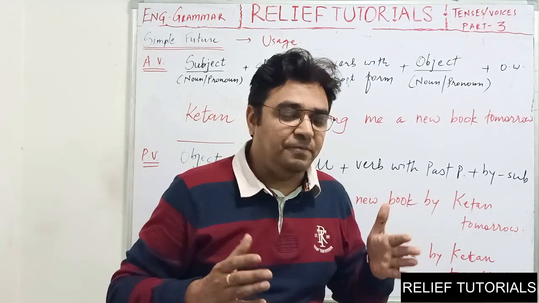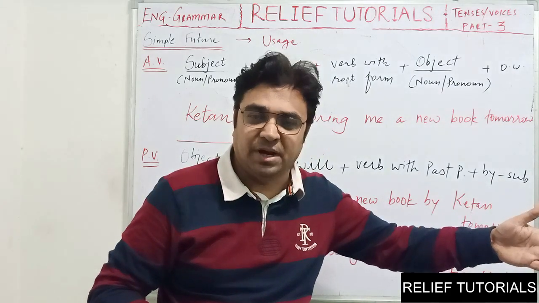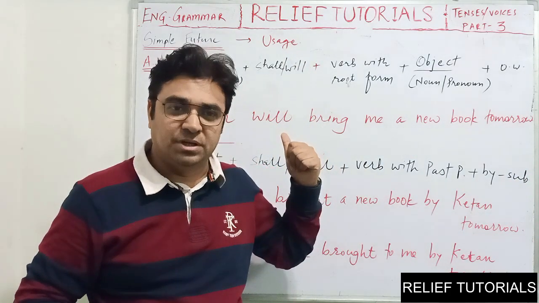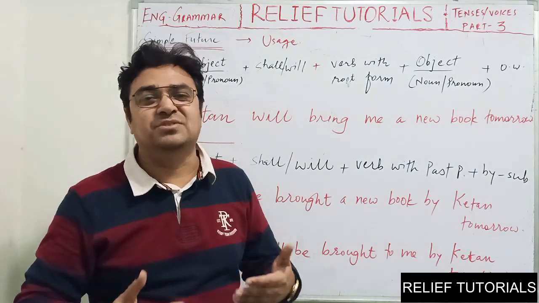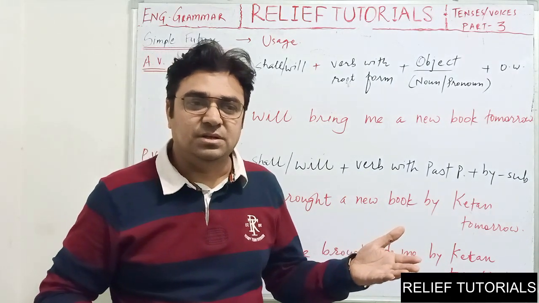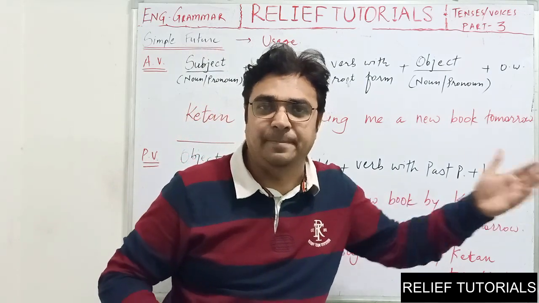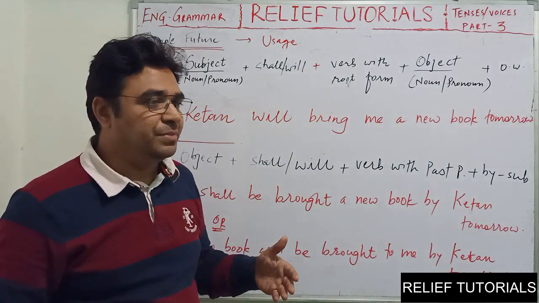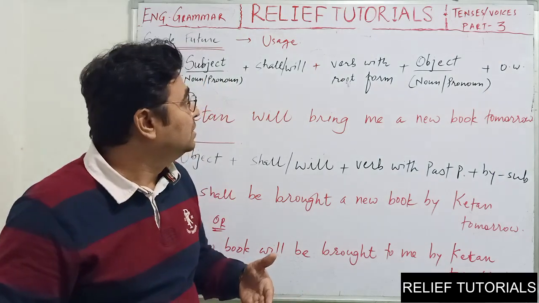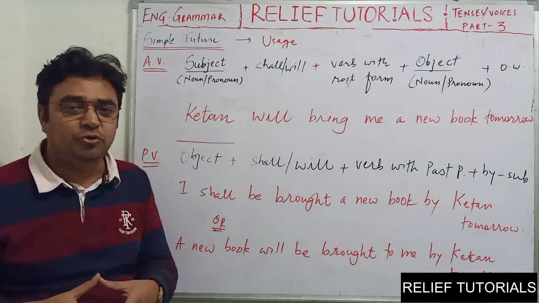But right now, if an action is going to happen in the future at a certain time, it is indicated using simple future tense. As you know, future is all about uncertainty. So it indicates something is probably going to happen in the future at a certain time. It is highly uncertain, it is all probability. So this kind of action is shown by using simple future tense.